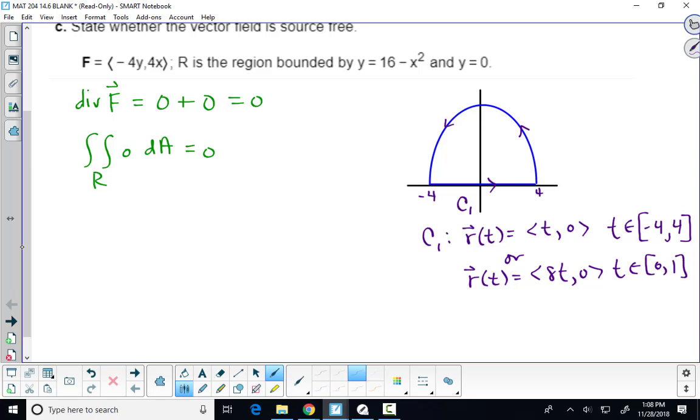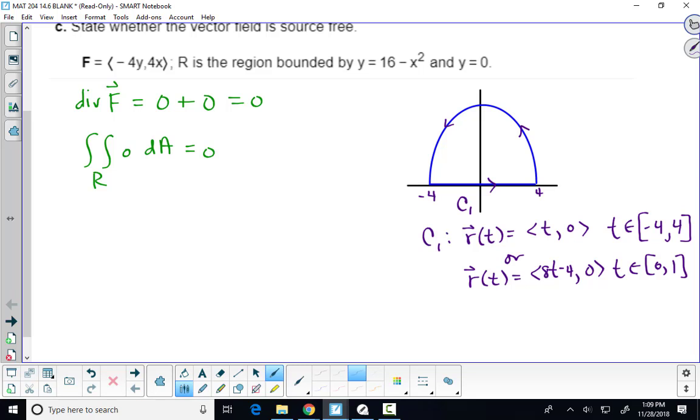It's 8t minus 4. I forgot to subtract off the initial point. So 8t minus 4. This would be the way that we have historically done it. If you plug in 0, you're at -4. You plug in 1, you're at 4. So that would also work. Either way, totally fine.